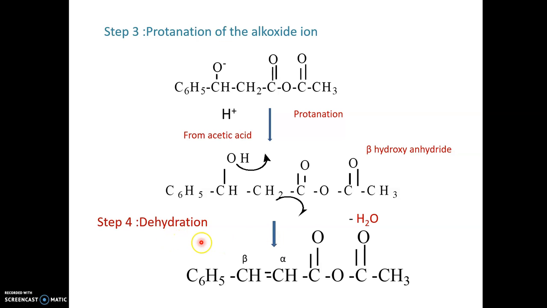Because of the dehydration an unsaturation results, and here, this is the acetic anhydride moiety, and the next carbon we designate to be alpha, the next to be the beta. So an unsaturation has been resulted between the alpha and the beta. So this is the C6H5CH double bond CH, C double bond O, O, C double bond O, CH3.